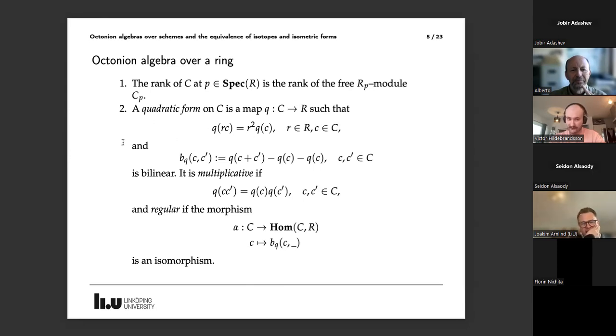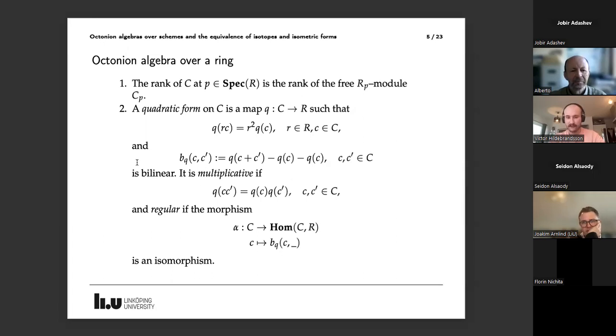And these two conditions, I should rather say, that the elements of R will be squared when taken out of the form, and this form B should be bilinear.